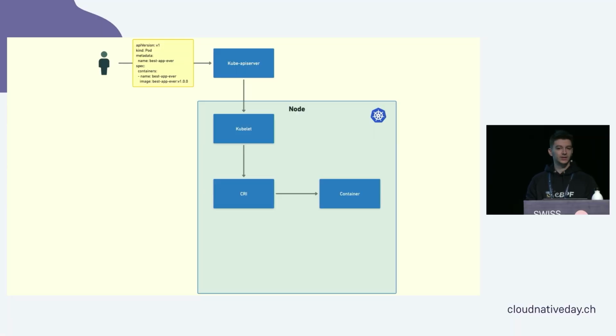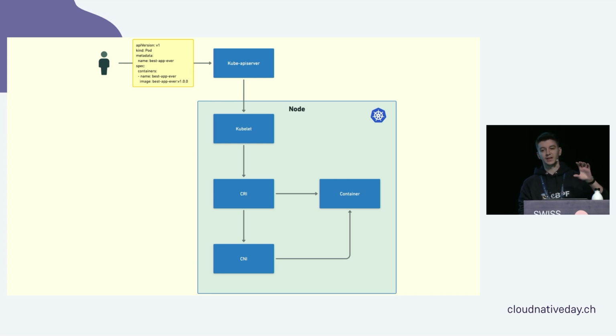What it does is invoke something called the CRI, which is responsible for container management. The CRI will then take the job of creating that specific container. Once that is done, the CNI comes into place. The CRI is going to invoke the CNI, and now it's the CNI's job to configure the networking of that specific container.